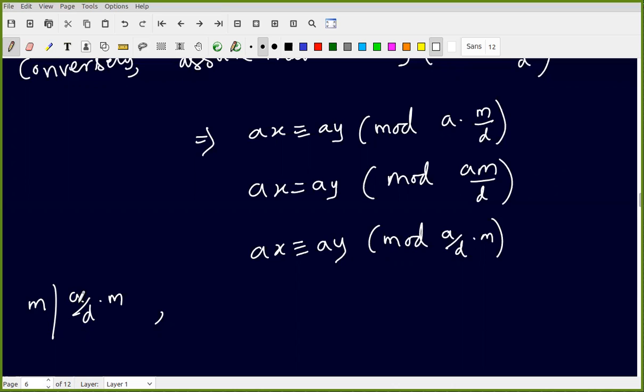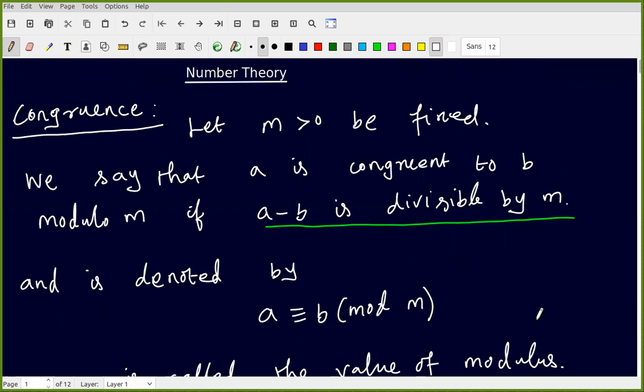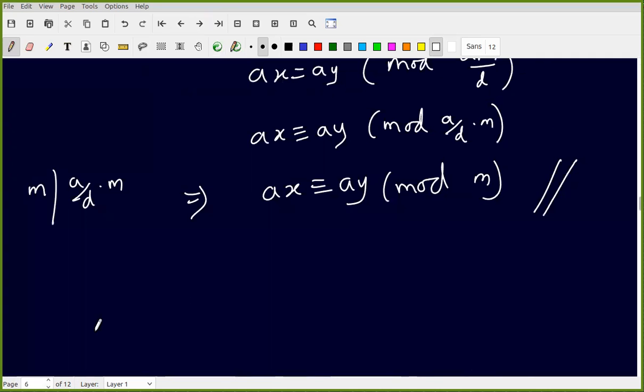Since M divides this number, AX is congruent to AY modulo M. So this is the proof.